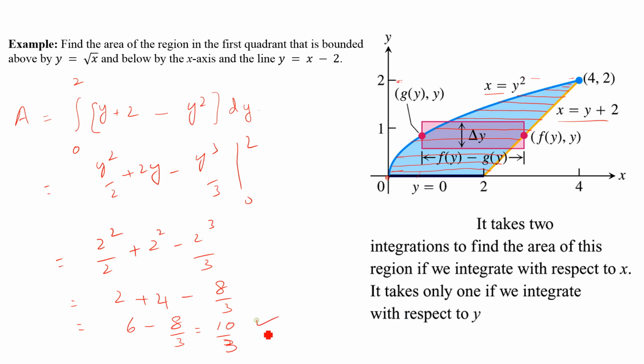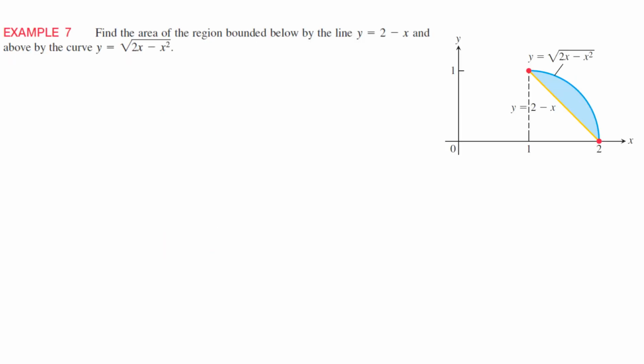So see, this is very easy to evaluate using this formula, that is, in terms of y it's easier to evaluate. Okay, next we have this question: find the area of the region bounded below by the line y is equal to 2 minus x and above by the function y is equal to 2x minus x square.